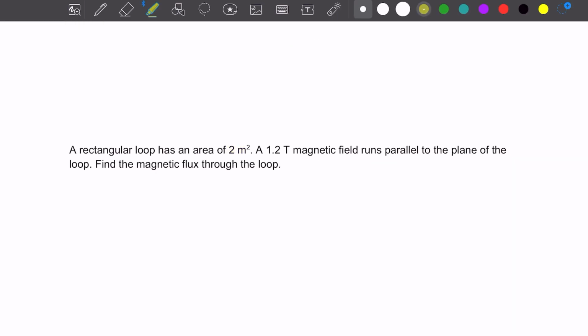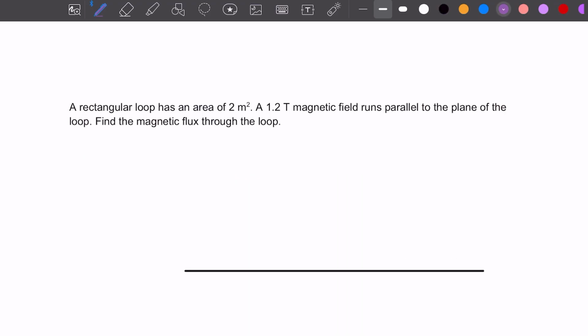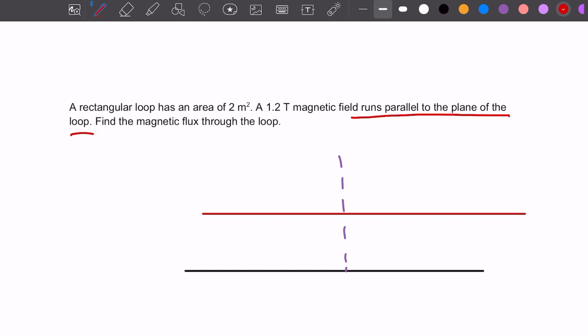Let's move on to the next one. A rectangular loop has an area of 2 meters squared. A 1.2 Tesla magnetic field runs parallel to the plane of the loop. Find the magnetic flux through the loop. So if this is our surface over here, and this is our normal, we're being told that the magnetic field runs parallel to the plane of the loop. So the magnetic field is over here, parallel to this line.